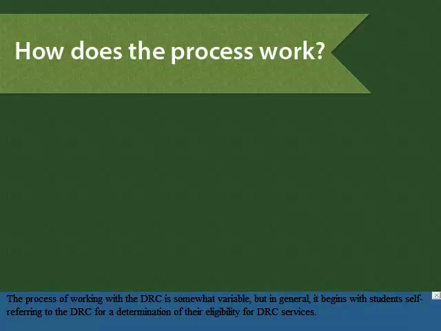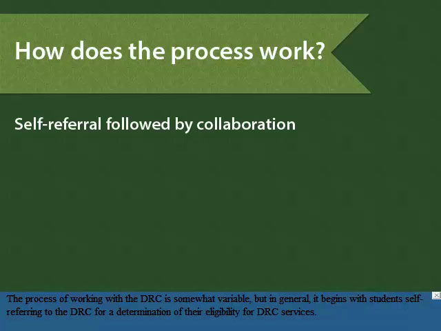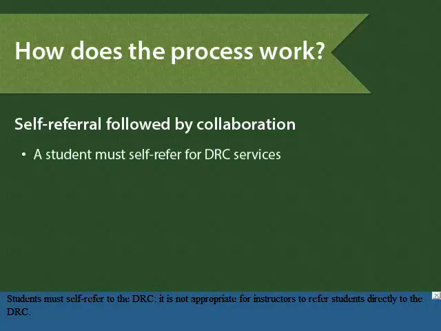The process of working with the DRC is somewhat variable, but in general, it begins with students self-referring to the DRC for a determination of their eligibility for DRC services. Students must self-refer to the DRC. It is not appropriate for instructors to refer students directly to the DRC.